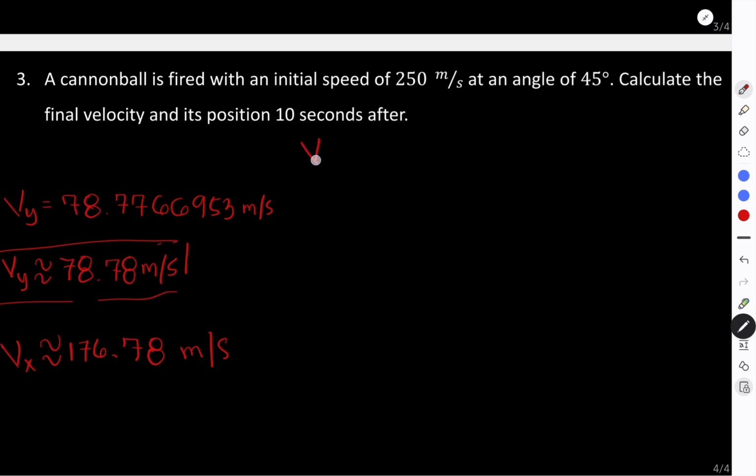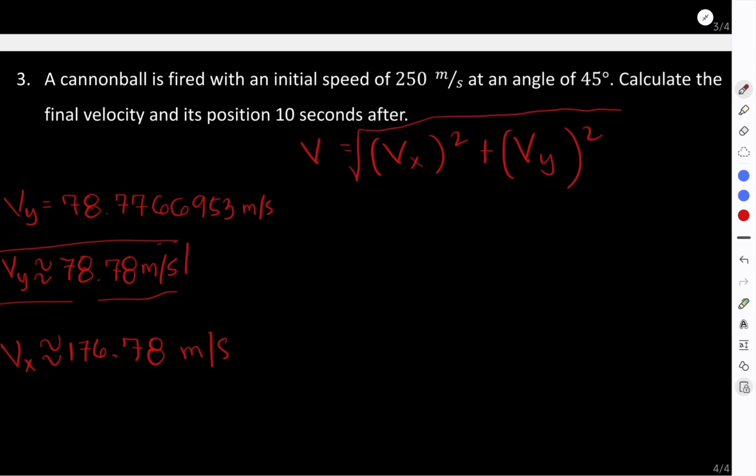For the final velocity, we simply have the final velocity in x component squared plus the final velocity in y component squared. Final velocity in x is 176.78 meter per second.